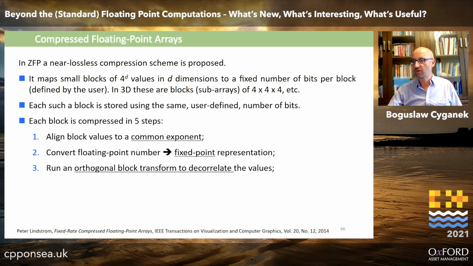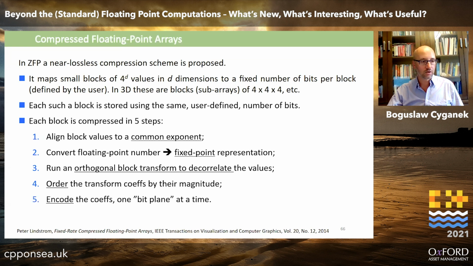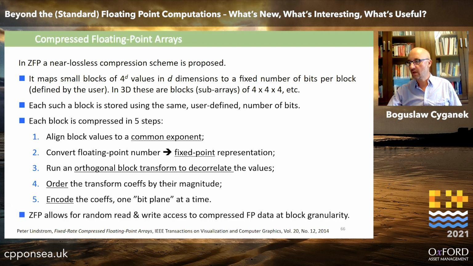So for details, formulas, please refer to the paper by Mr. Lindstrom. Next step is to order transform coefficients by their magnitudes, and then encode the coefficients 1 bit per plane at a time.